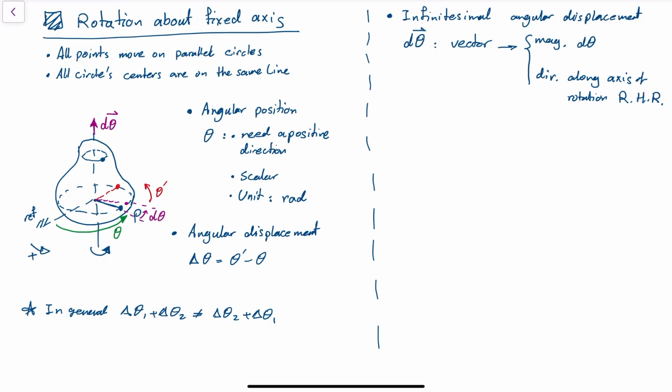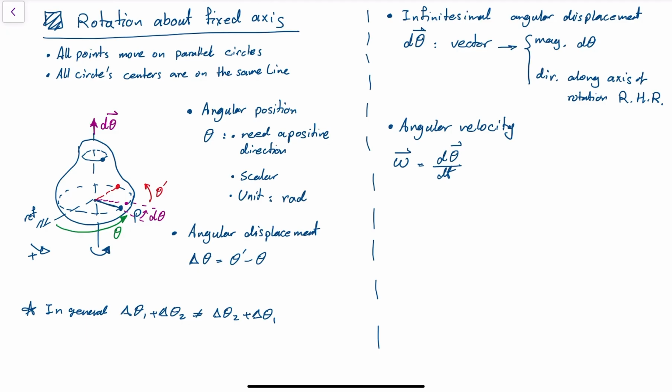Now that we have d theta fully defined, we can define angular velocity. We use the term omega. Omega is a vector. It is however much you have turned divided by however much time has passed.